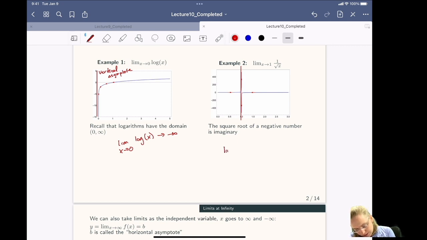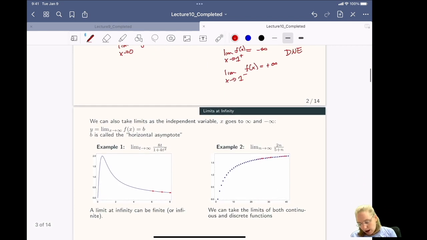So the limit as x goes to 1 from the right-hand side of f of x is equal to minus infinity. And the limit as x goes to 1 from the left-hand side of f of x is equal to positive infinity. And we have, therefore, a divergent limit, and the limit does not exist.